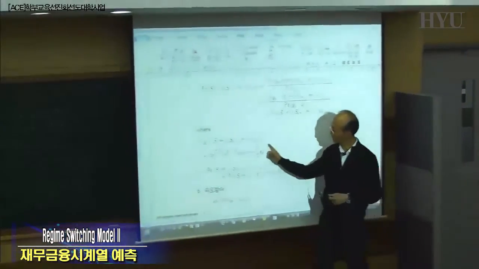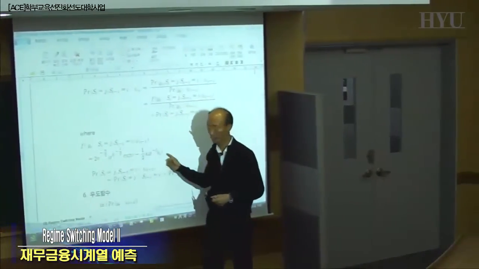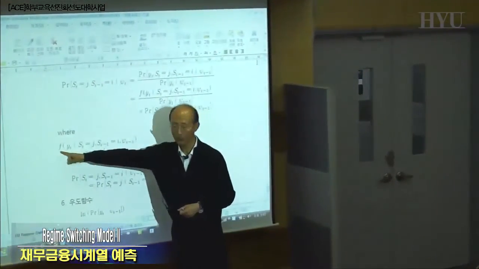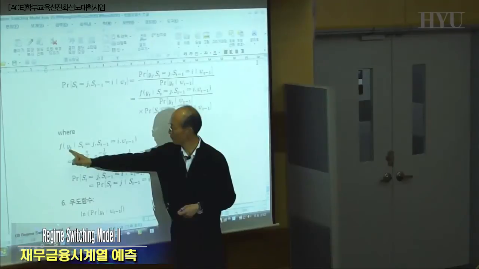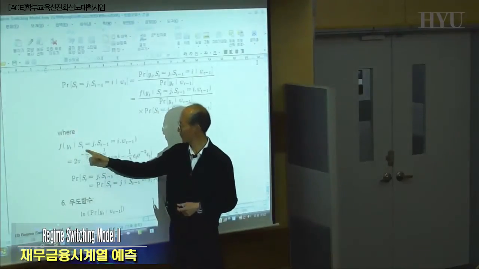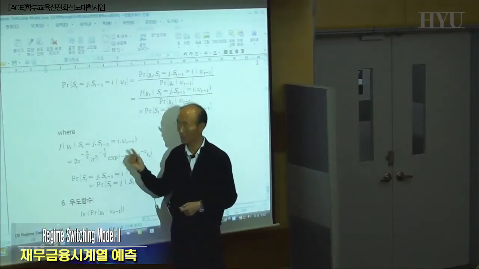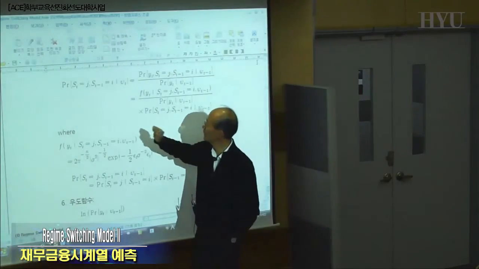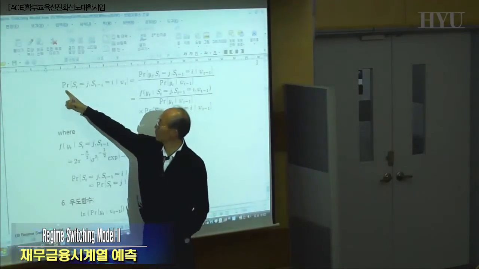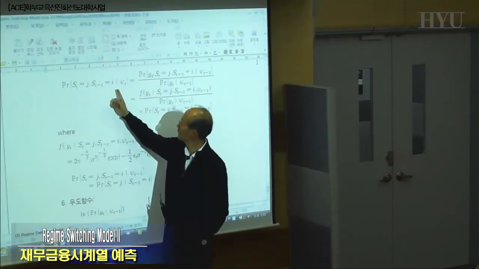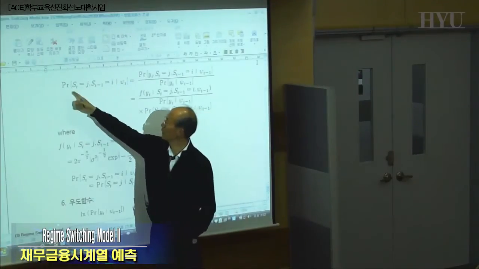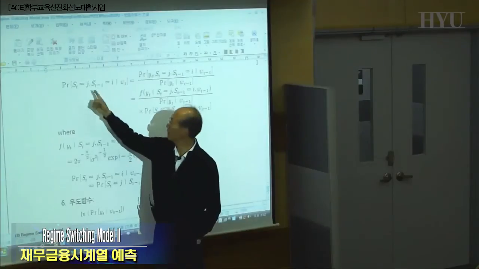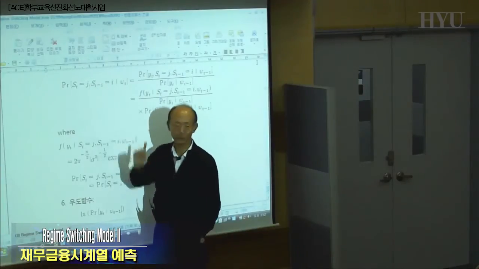So basically, this is the log likelihood function, or density function, of y when those informations are given. But what we are really interested in is the probability of observing these two at the same time.